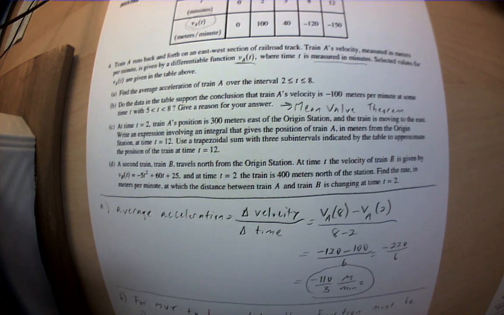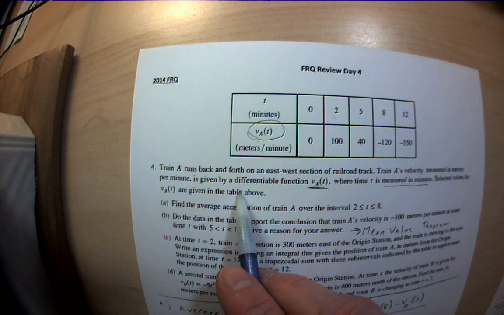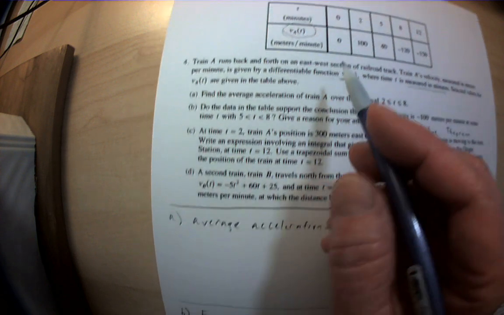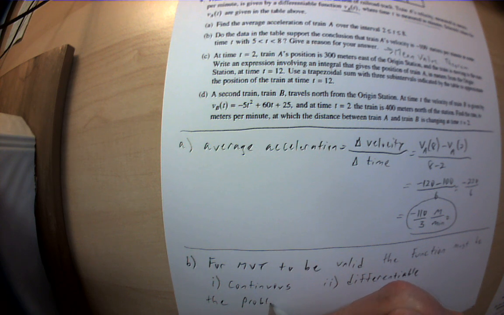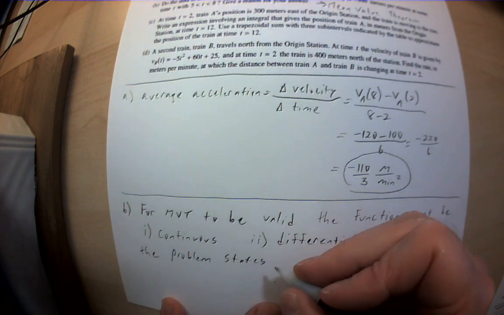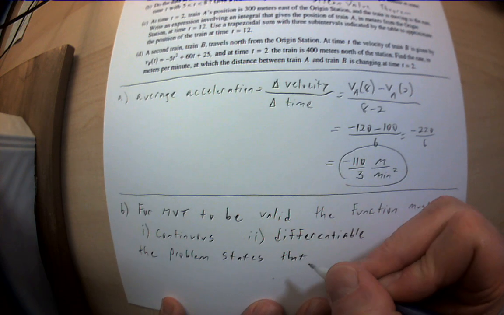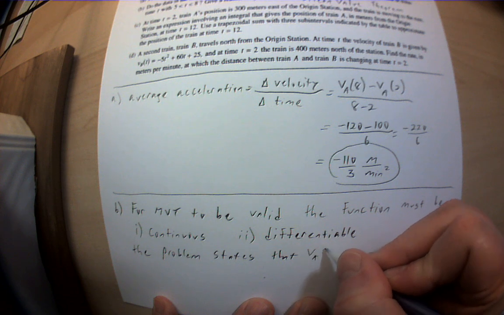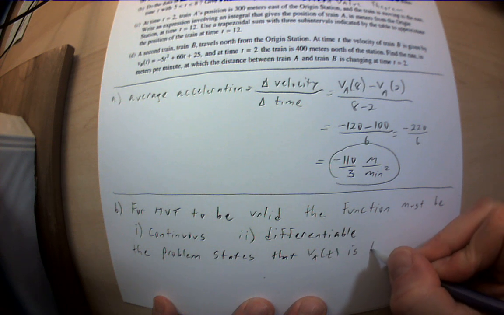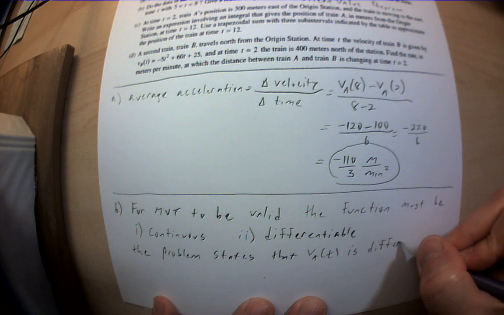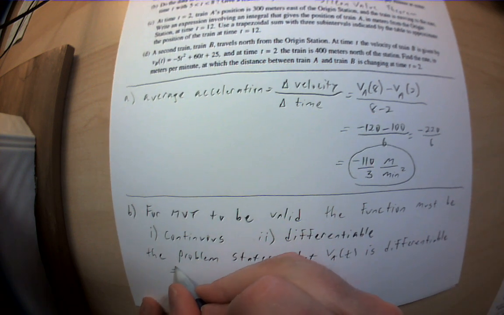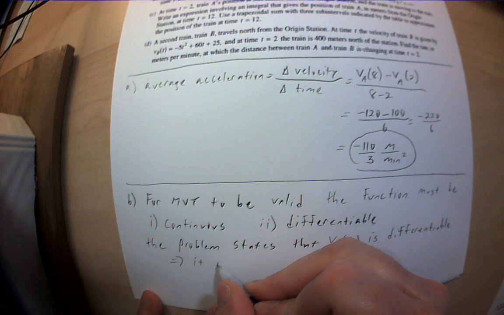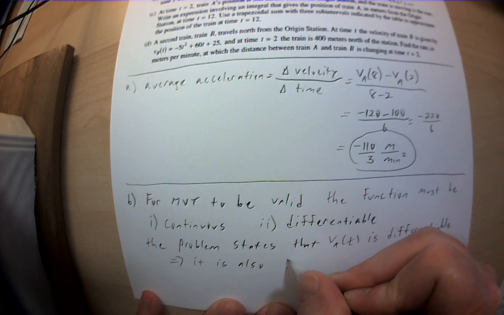Okay? So, right here, they tell me it's a differentiable function. The problem states that VA of t is differentiable. Therefore, it is also continuous.